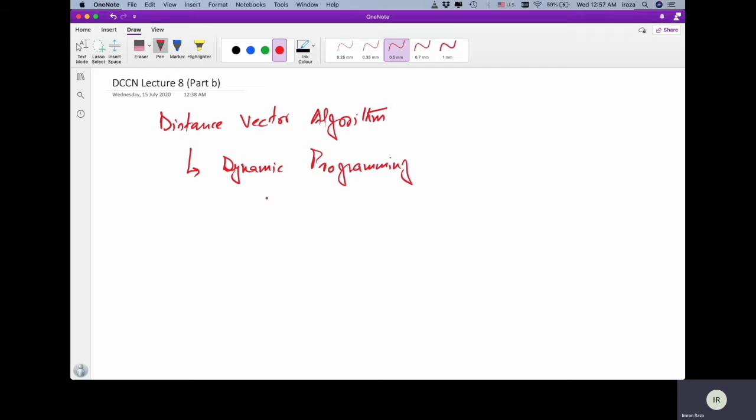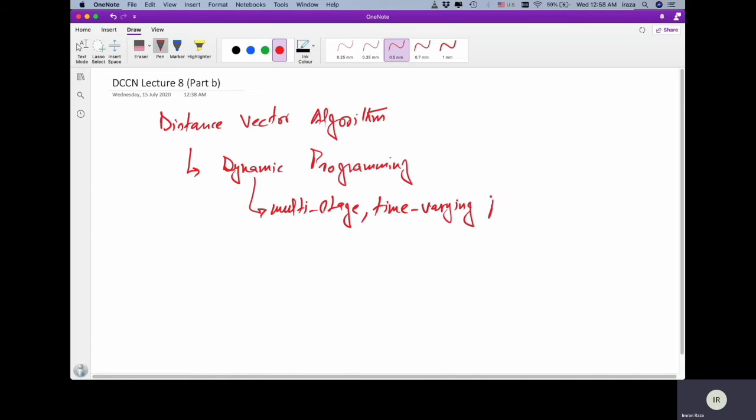I hope you might have covered dynamic programming in your design and analysis of algorithms class, but here, this word dynamic means multi-stage or time-varying process.